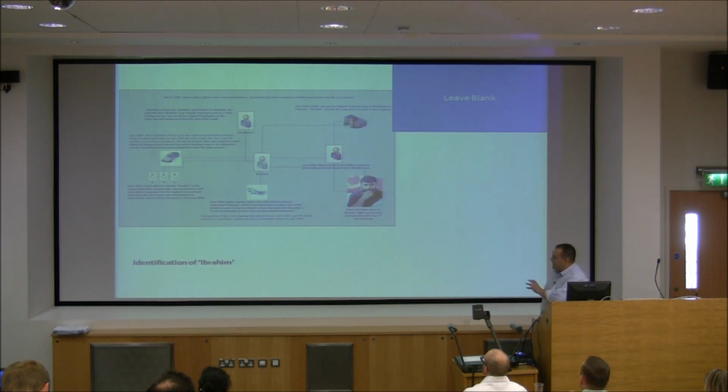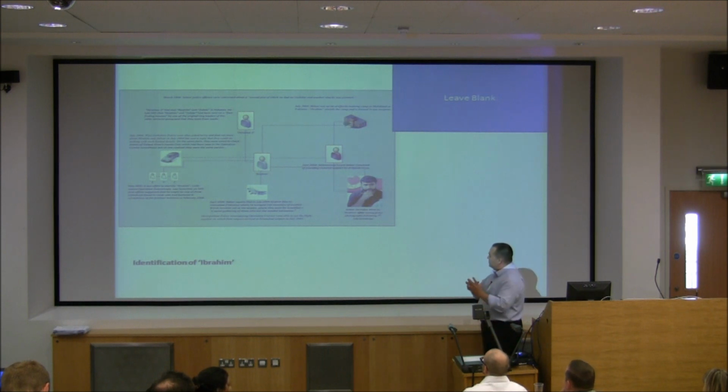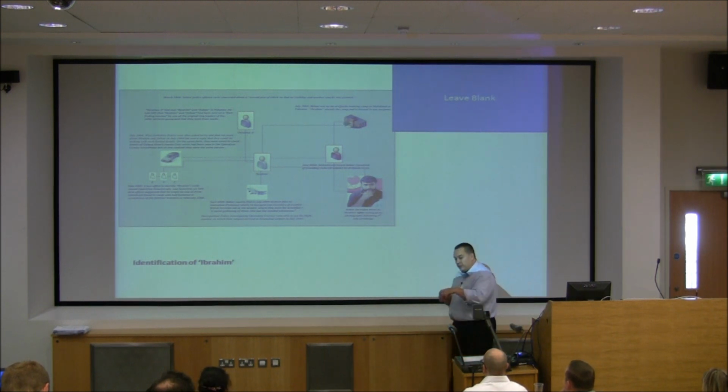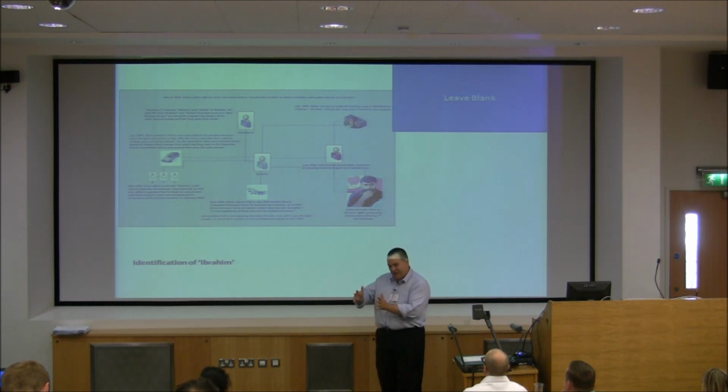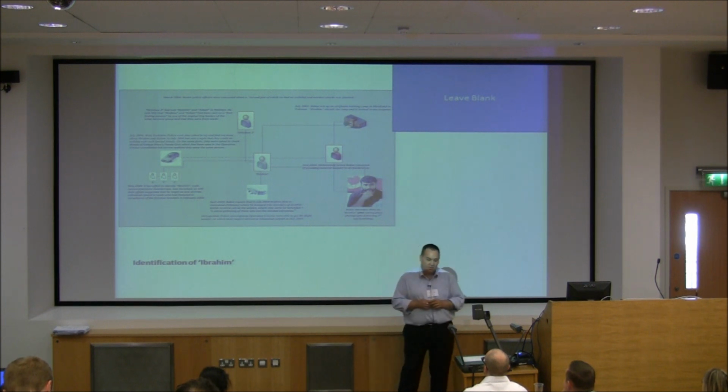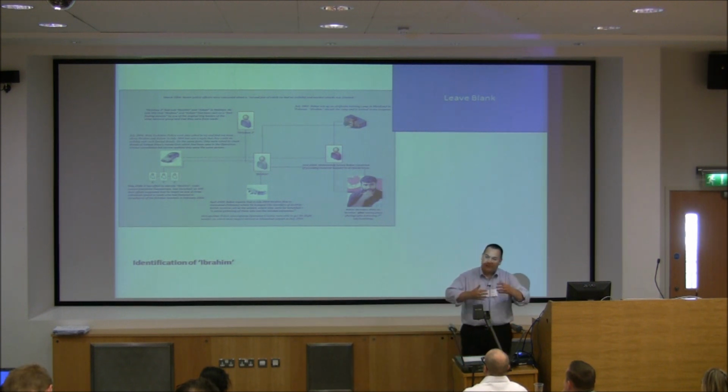And it wasn't until much later that this relationship between different people, Mohammed Sadiq Khan and Ibrahim, who was being identified in other communications, when that relationship began to be made more clear.